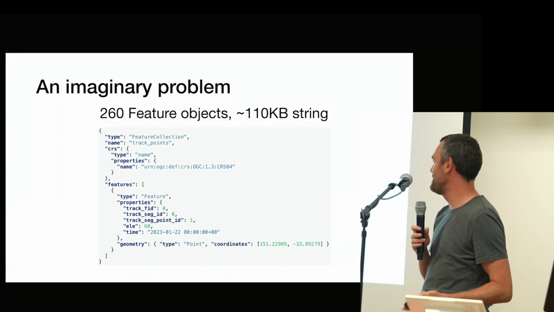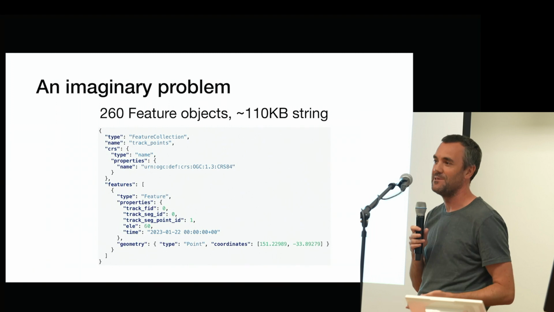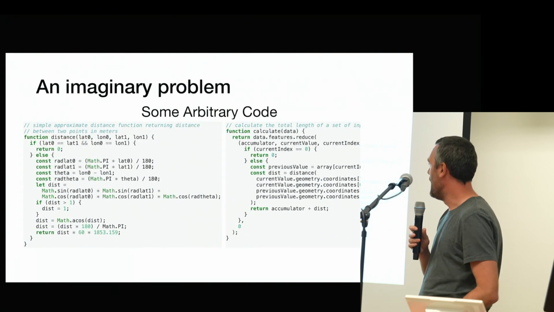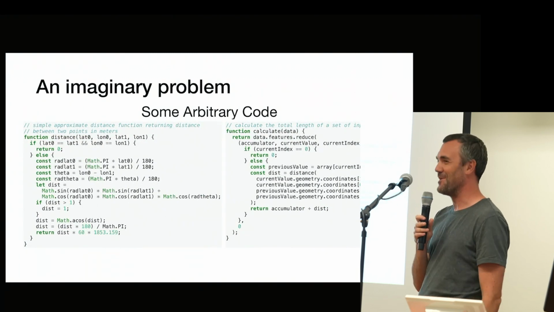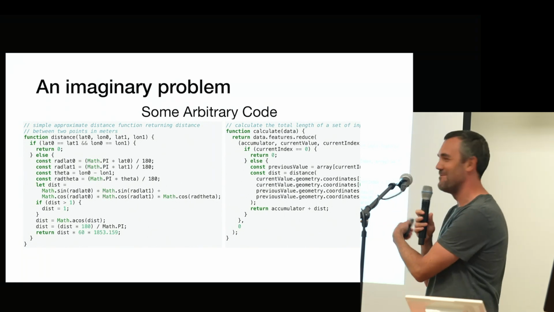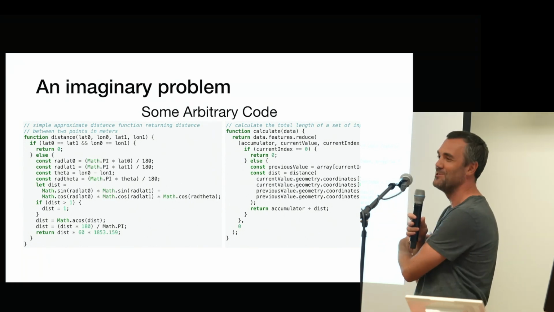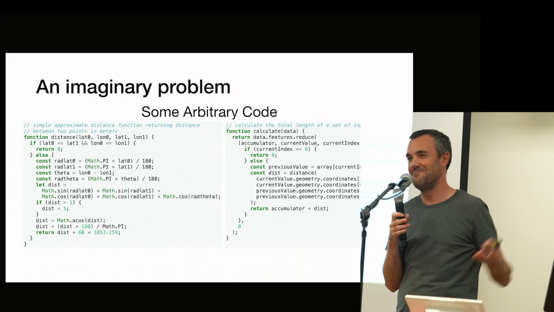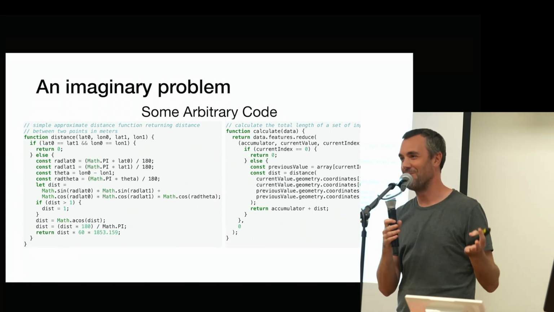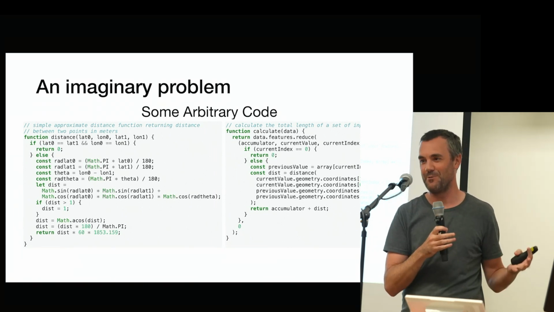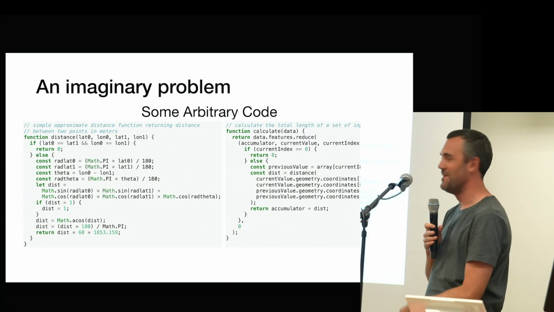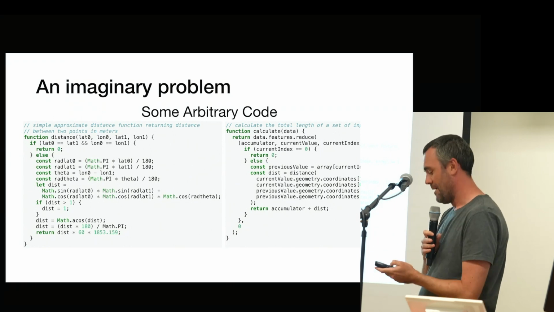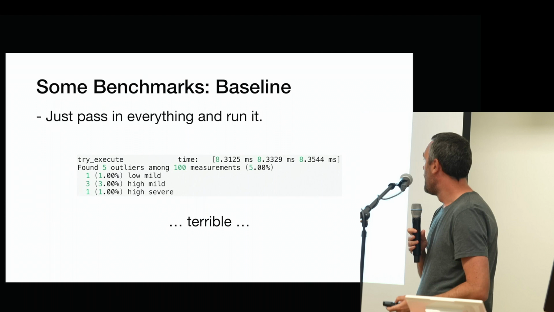This is a pretty made up example, but about 100 kilobytes or something. And then I went and found some code, because I don't know JavaScript, that does distance and then reduces it, so we could imagine, I don't care what you want to write, I want to make sure that it executes well. So there's some JavaScript, it's probably very bad.